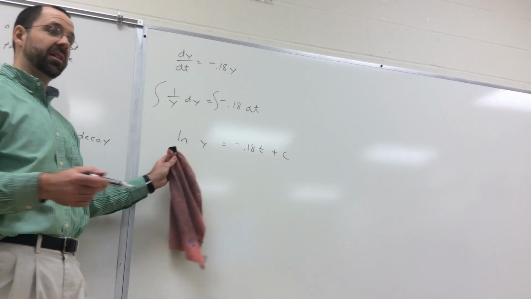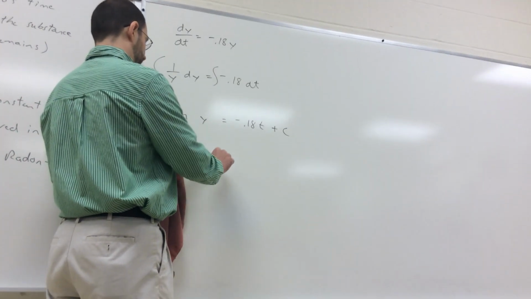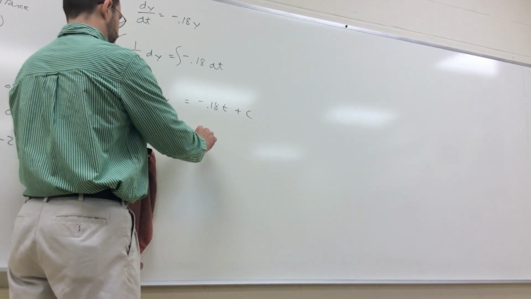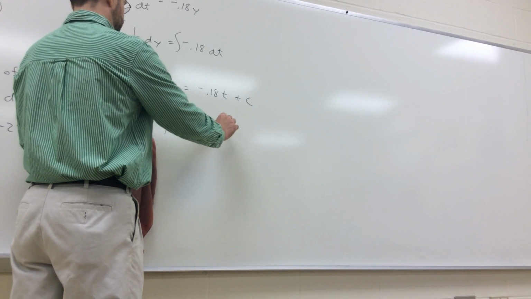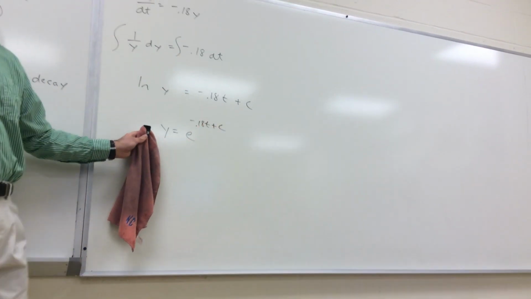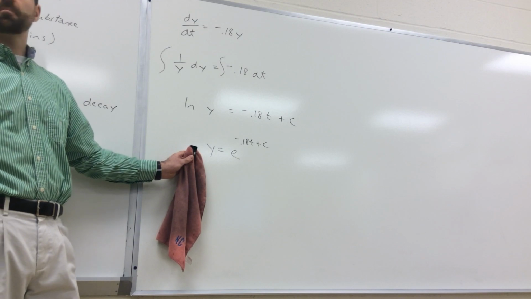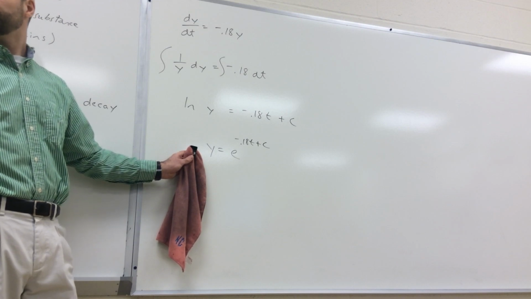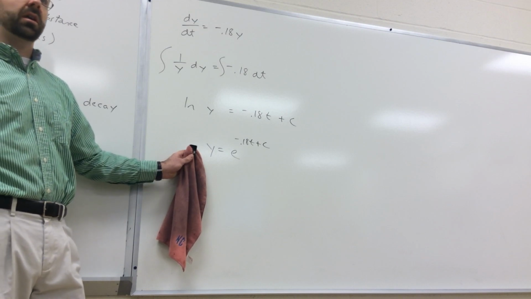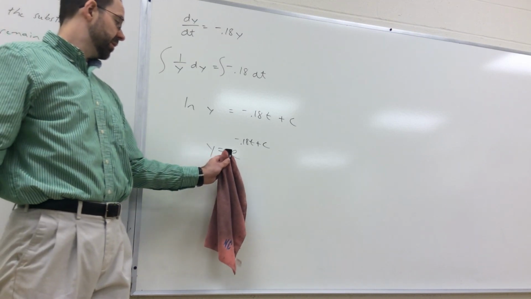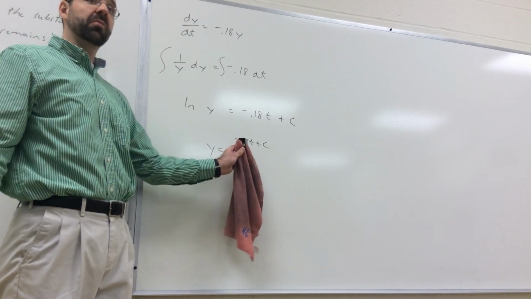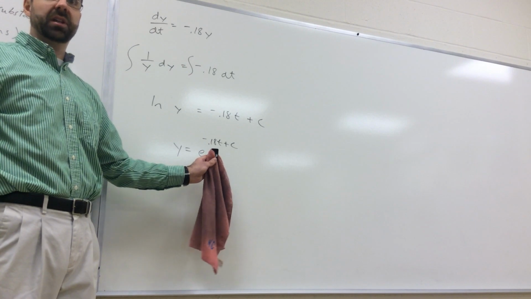So e to the ln of y will just be y, and then e to the negative 0.18t plus c. And then usually we split this up into e to the negative 0.18t times e to the c.